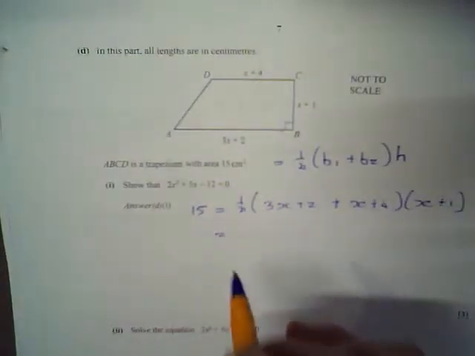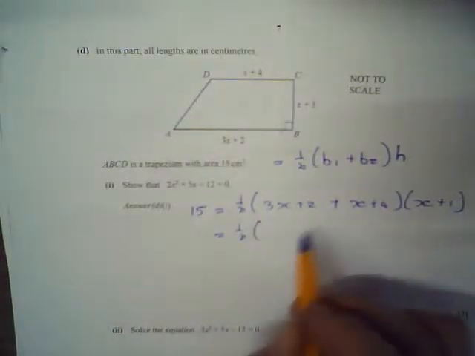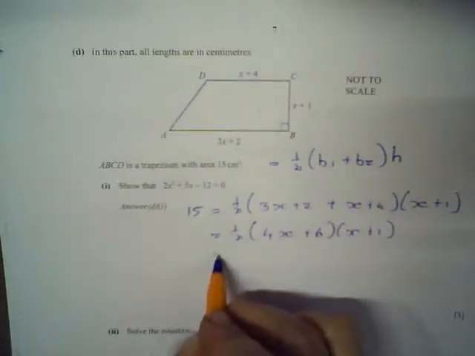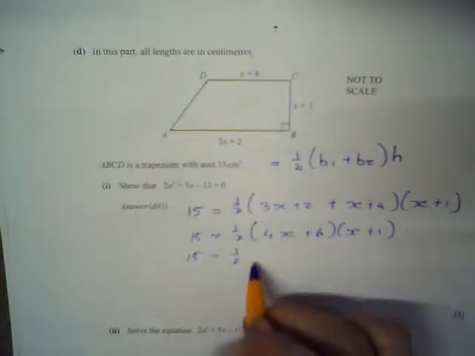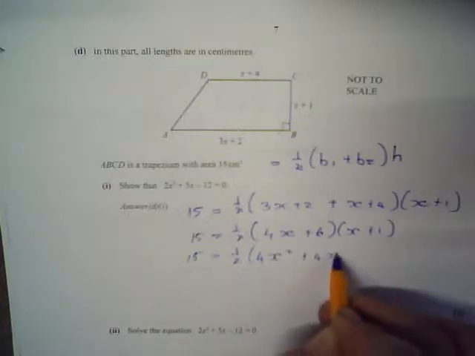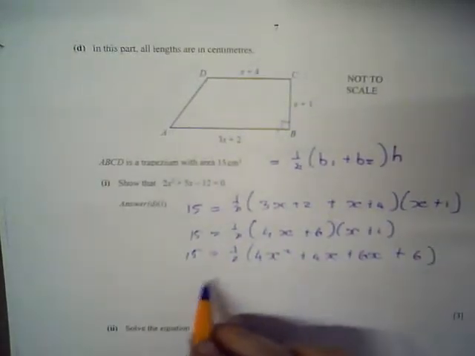Okay, now we just have to solve this. A half of 3x plus x would give me 4x, that would give me plus 6, times x plus 1. Distribute. So a half, 4x times x would give me 4x squared plus 4x plus 6x plus 6.